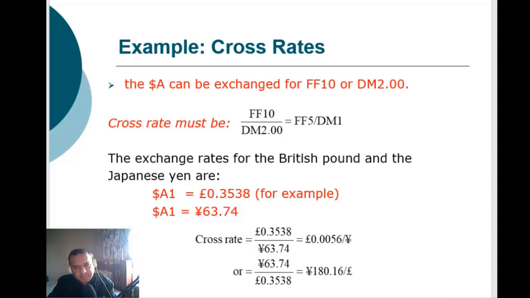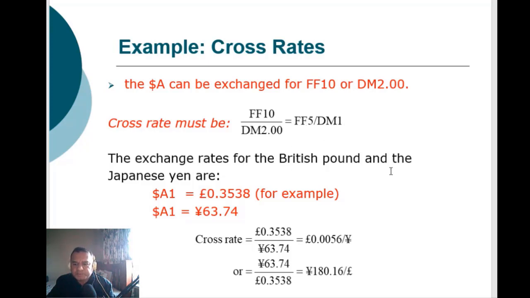So let's look at an example of a cross rate. The Australian dollar can be exchanged for 10 franc or Deutschmark 2. So the cross rate must be 10 FF divided by 2 DM, which is equivalent to 5 French franc equivalent to 1 Deutschmark.